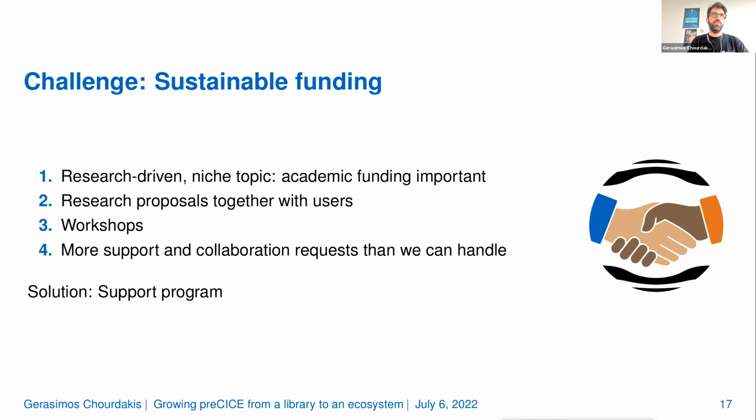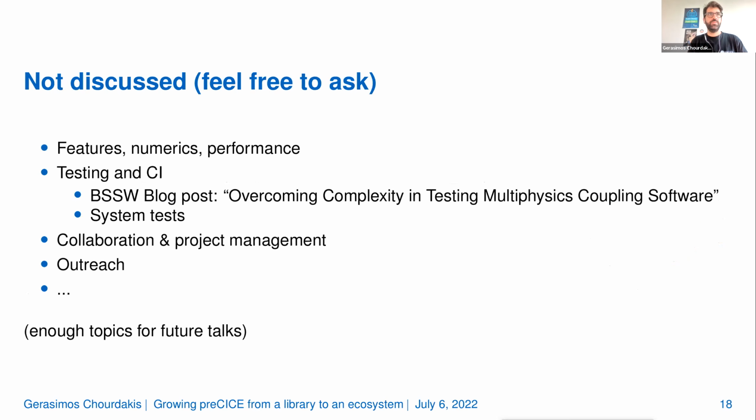But if you actually need more reliable day-to-day support, you can apply, similarly to a software license, for a support license in your academic proposal. And this way you ensure that the software that you rely upon will still exist in a few years, and that you will have support that can actually make your project more successful.